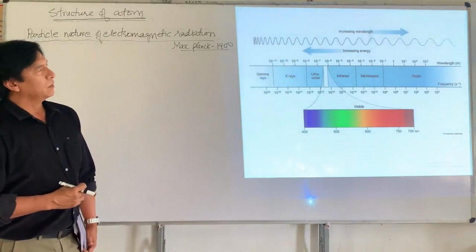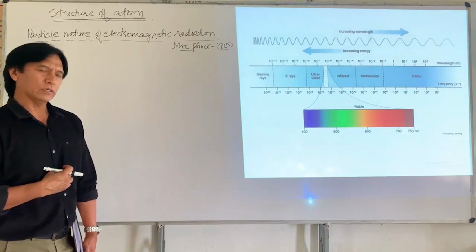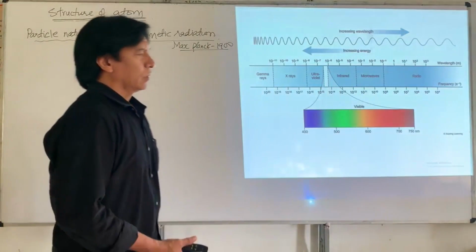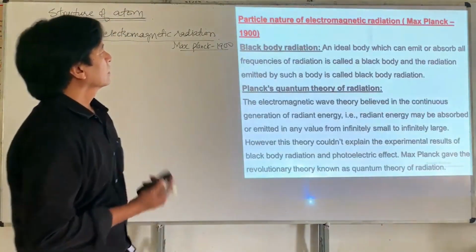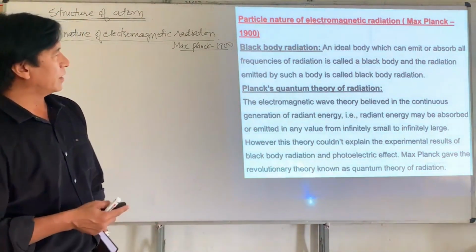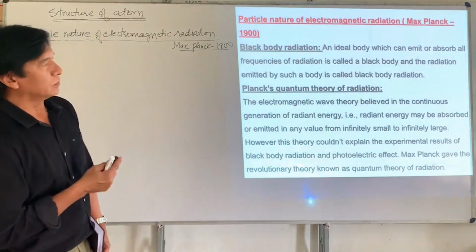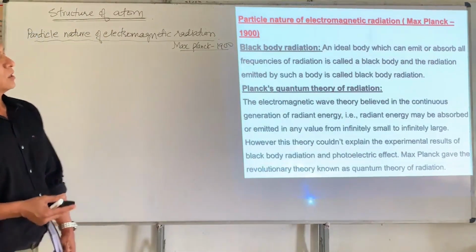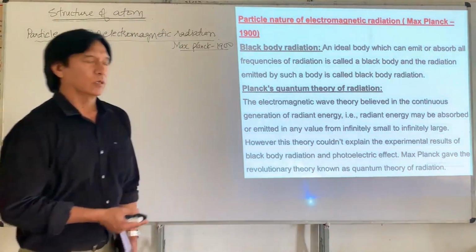Now, the important thing here is with regard to what is known as black body radiation. As far as black body radiation is concerned, you should first of all know what is meant by black body. So, an ideal body which can emit or absorb all frequencies of radiation is called a black body.